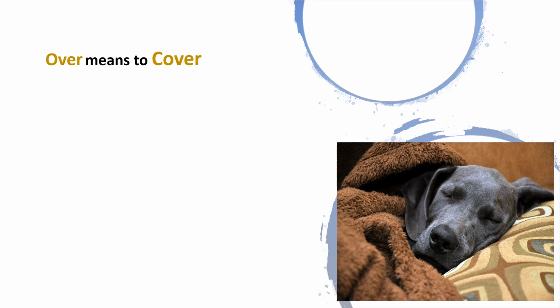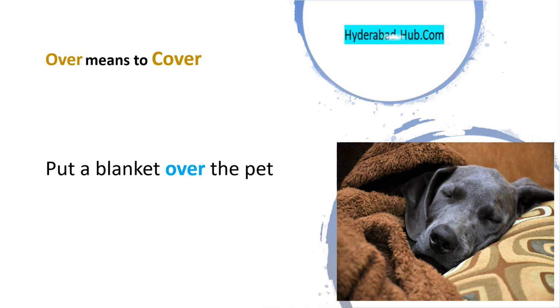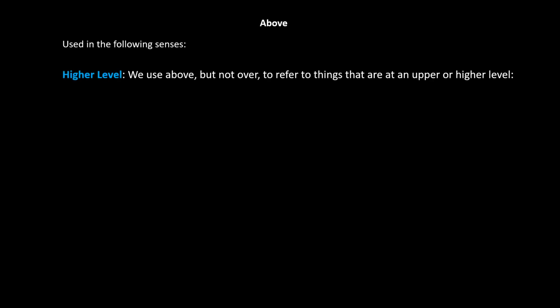What does above mean? We use above but not over to refer to things that are at an upper or higher level. We could say New Delhi is situated 225 meters above the sea level.